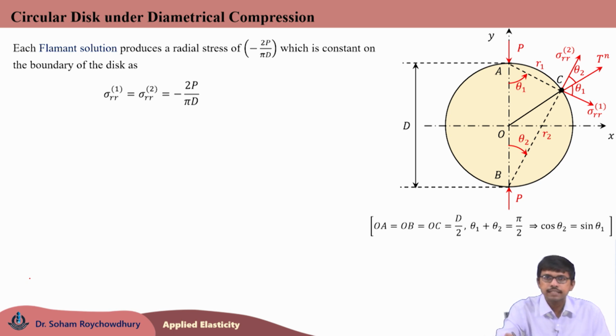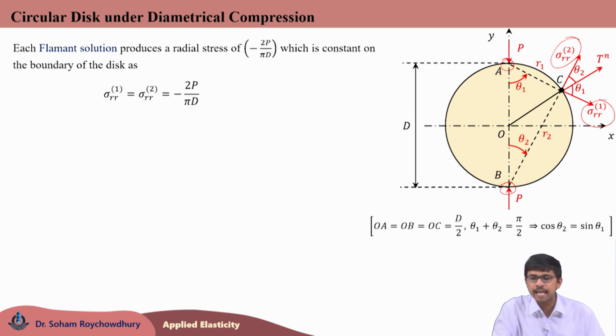Now, if we are considering such circles of diameter d, cos theta by r can be written as 1 by d, and thus the radial compressive stress for each of the Flamant solutions along the circular boundary would be minus 2P by pi d. So, these sigma RR1 and sigma RR2 both are minus 2P by pi d, both are purely radial stresses, but the centers for these two radial stresses are different. For sigma RR1, the center is at point A, for sigma RR2, the center is at point B. Those are the respective points of application of the corresponding load.